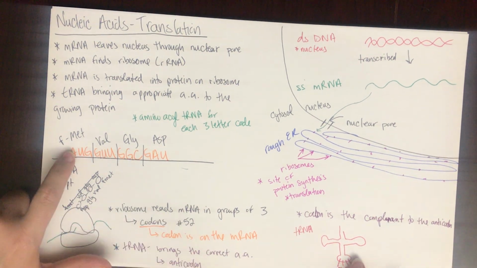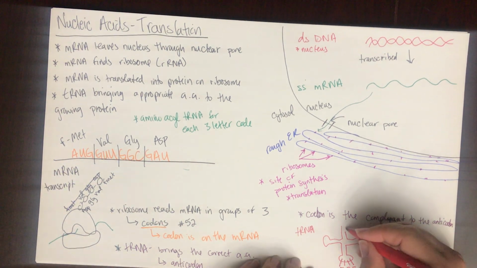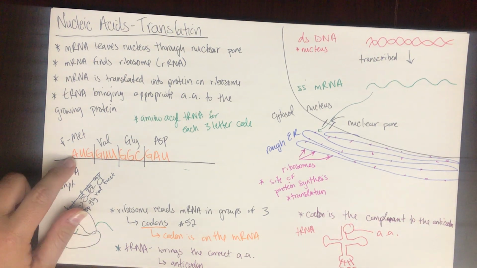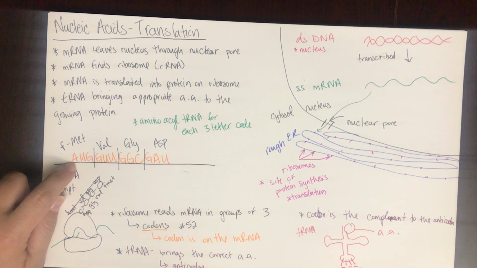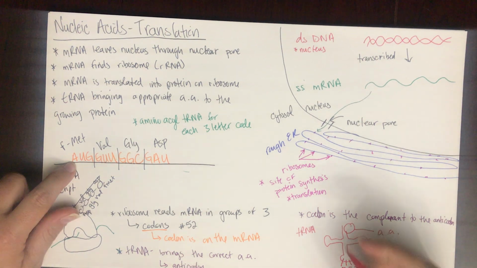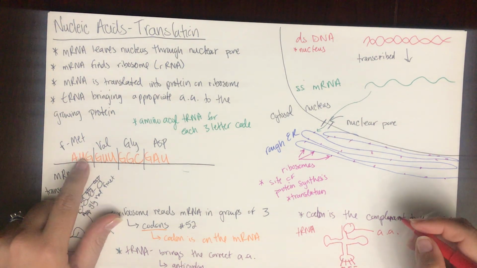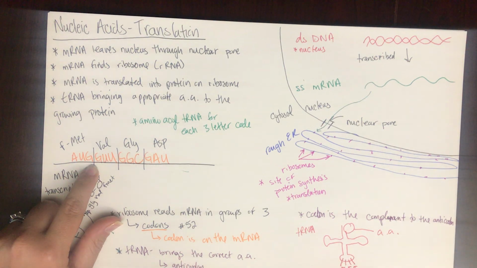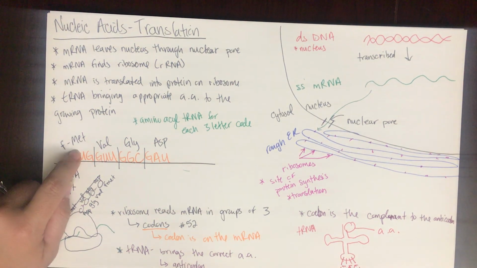And this is what's going to bind to the messenger RNA in the ribosome, and attached to this would be whatever amino acid. So for example, the anticodon that would bind here for FMET, for methionine, would be the complement to AUG. So the complement to A is U, the complement to U is A, and the complement to G is C. So what is on the anticodon is the complement to the codon. That's how you would know which one goes here.